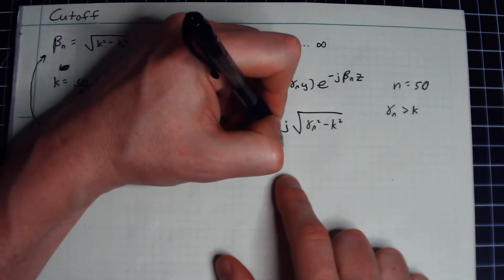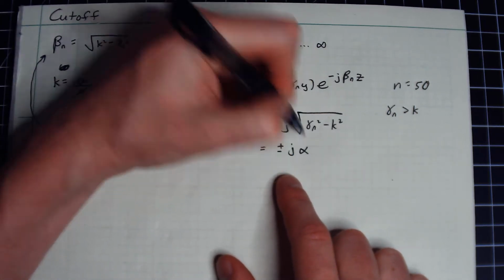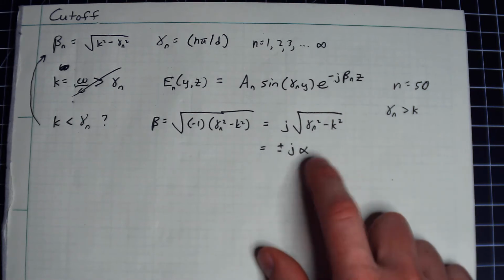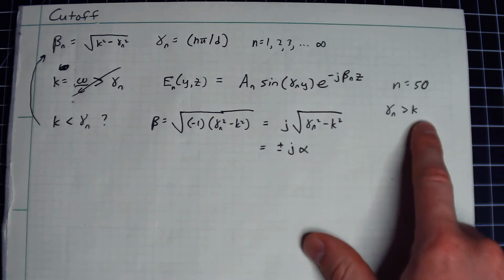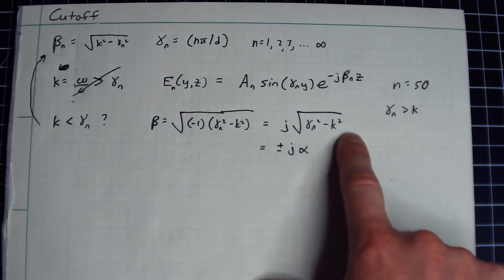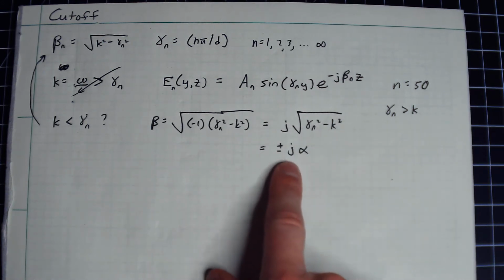And this is going to be just some plus or minus j. And I'm going to give that a name. I'm just going to call it alpha, because why not? Okay, so what happens is when this condition is satisfied, I can only solve this radical as an imaginary value. So this alpha is just the square root of this difference, but now I have this j here.